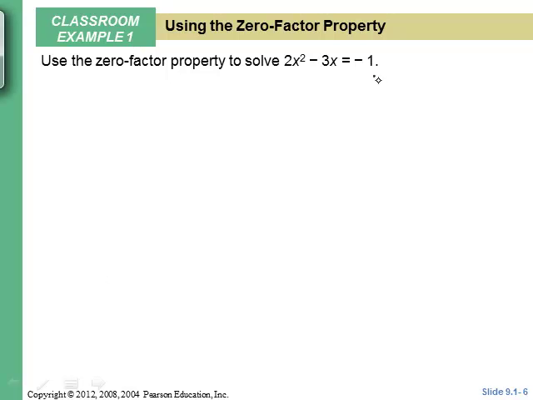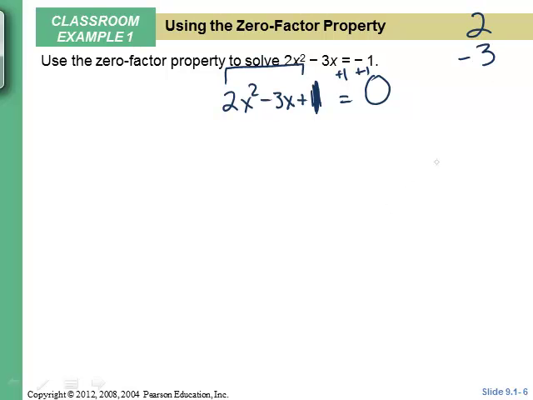First thing you notice is you've got to get 0 on this side, so let's add 1 to both sides. And we get 2x squared minus 3x plus 1 equals 0. That's supposed to be just 1. Okay, so let's split the middle term. What two numbers multiplied equal 2 and add equal negative 3?